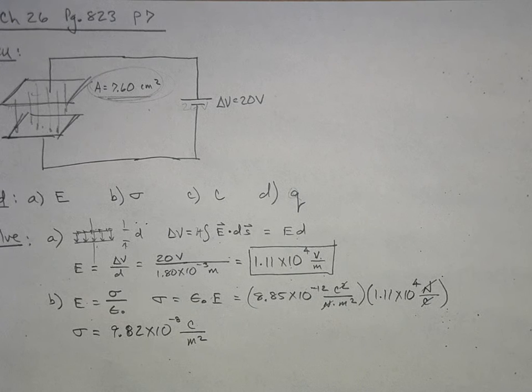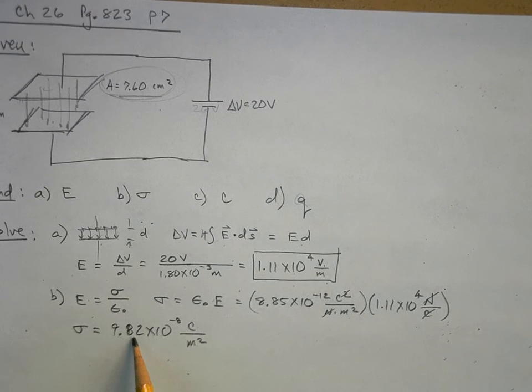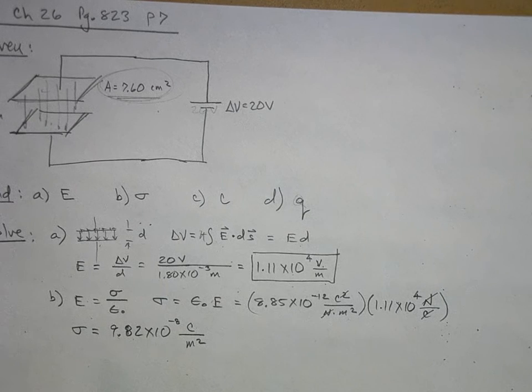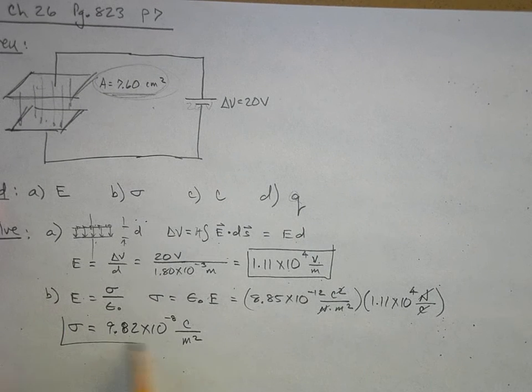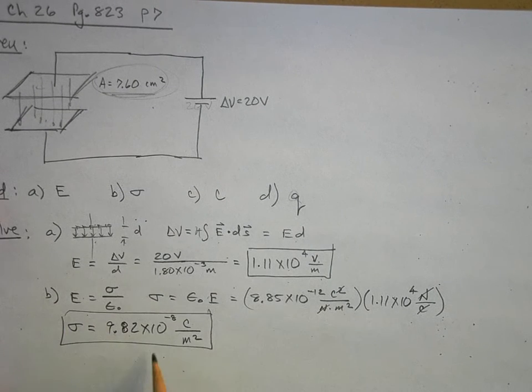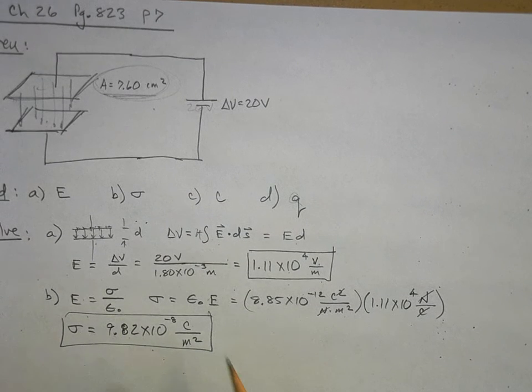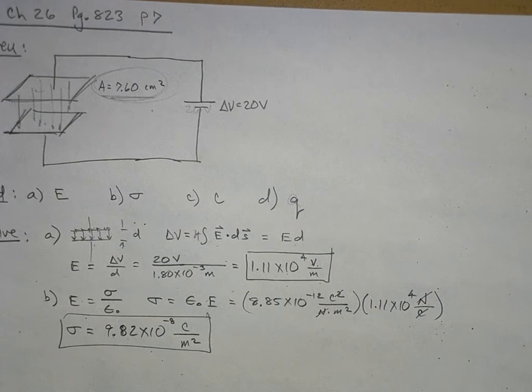I think the book moved the decimal over and called it 98 nanocoulombs per square meter. I don't care about that. You should be able to check this and say, oh, this is the same as 98 nanocoulombs per square meter. But if you want to leave it like this, I would leave it like that.